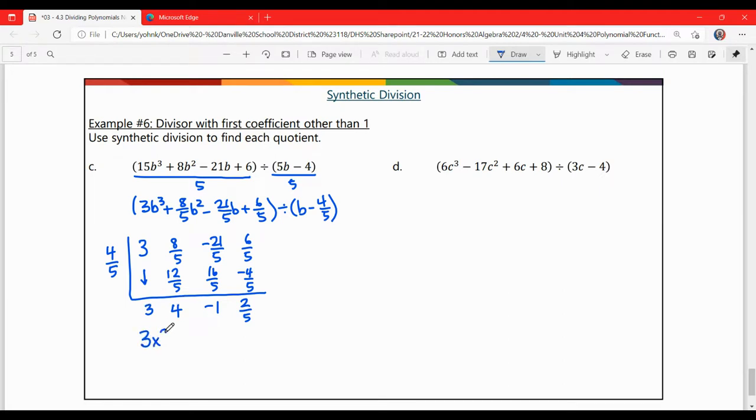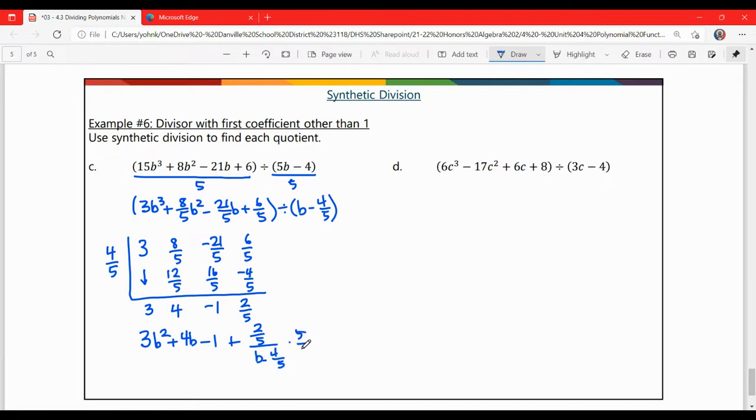So 3x squared plus 4x minus 1 plus 2 fifths over, oh, these are b's. This goes away, and this goes away. That was a 4b and a b. All right, 2 fifths over b minus 4 fifths.